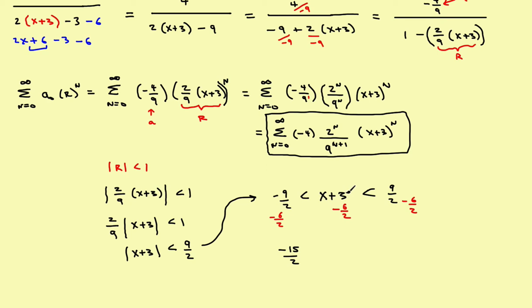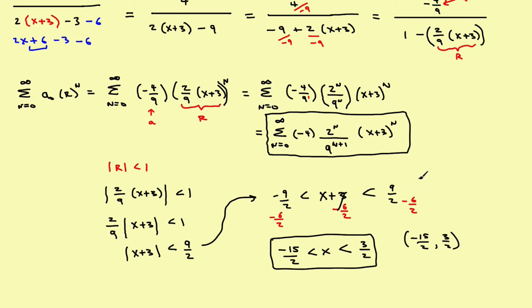These two will cancel out. That's going to be less than x. And then this is going to be 9 minus 6. This would be 3/2. And that's going to be the interval of convergence. Or you can write it in interval notation as minus 15/2 to a positive 3/2.